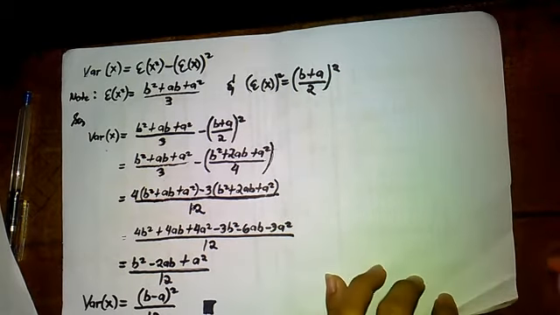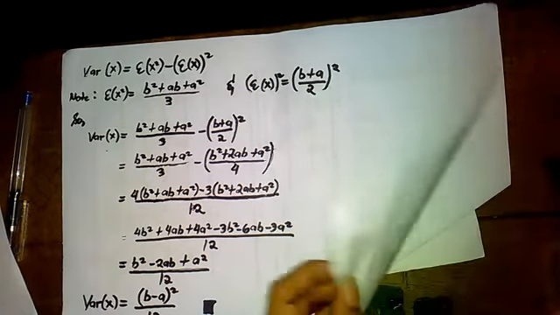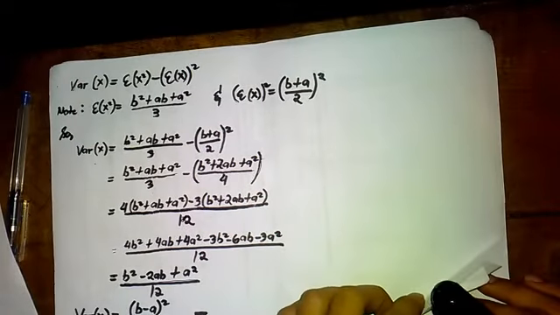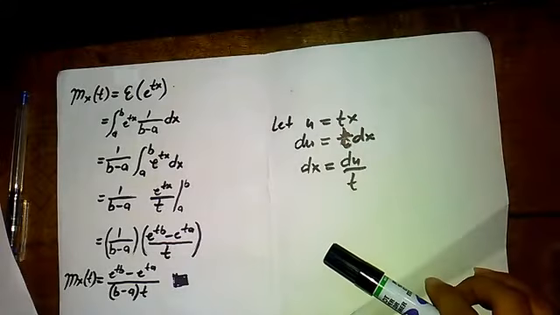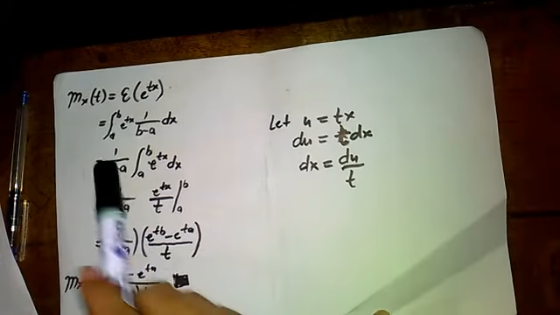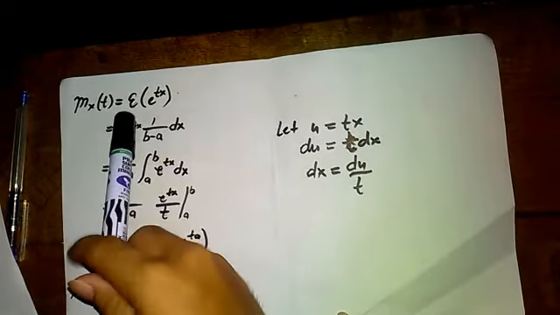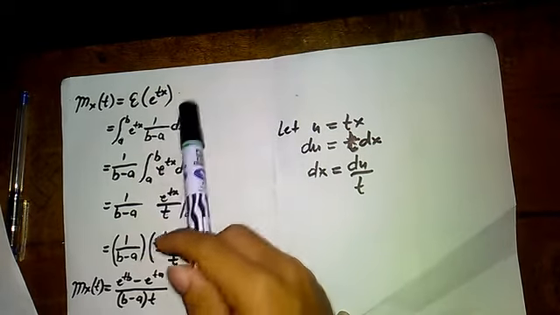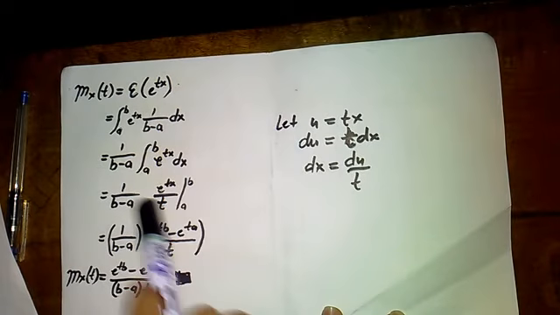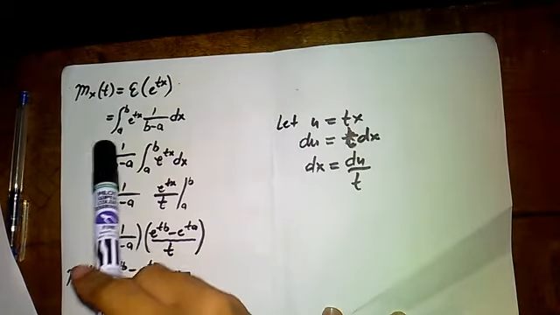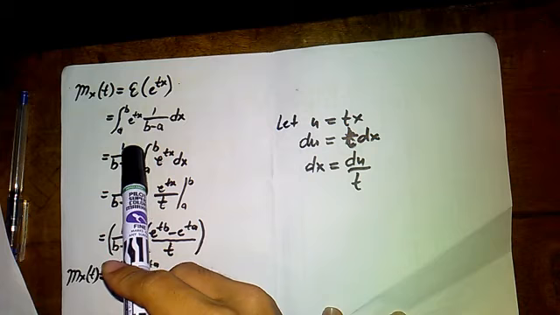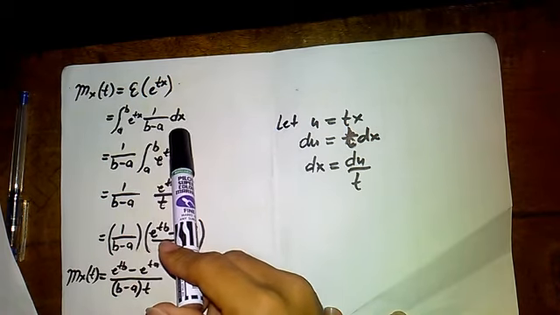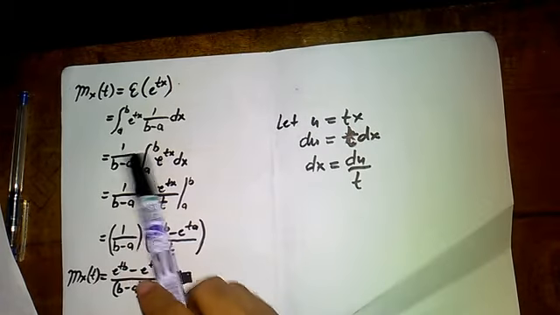Now we can get the last one, which is the moment generating function. To prove it, we have our MGF equal to the expected value of e raised to the power of tx, which is equal to the integral of e raised to the power of tx times 1 over b minus a dx evaluated from a to b.